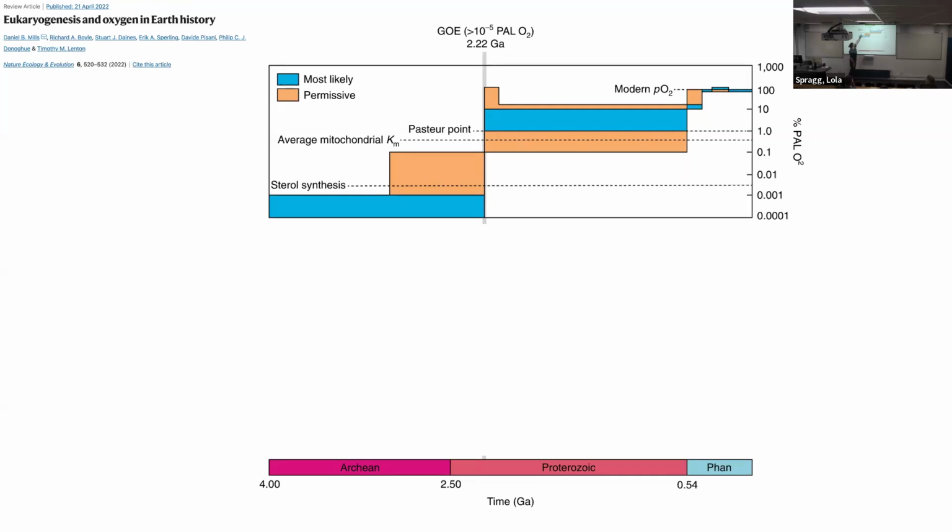This is a metric of how much oxygen is consumed by the mitochondria, and then, to your point, aerobic respiration over anaerobic respiration. And you look here, the most likely oxygen levels in the Archean are all below these dashed lines, suggesting that there wasn't enough oxygen for eukaryotes.